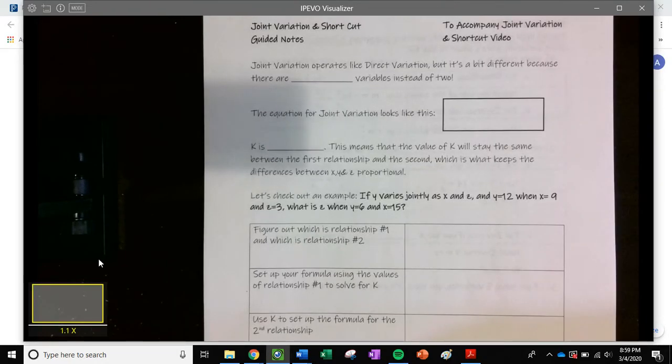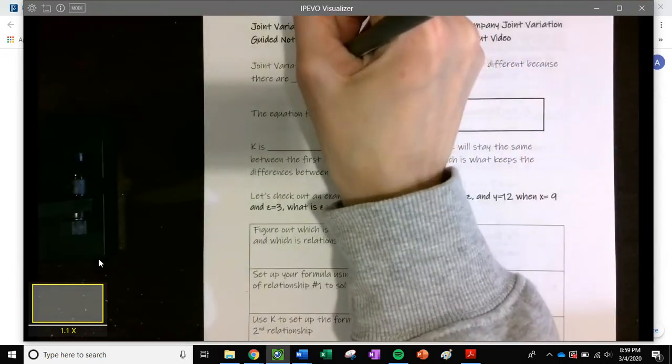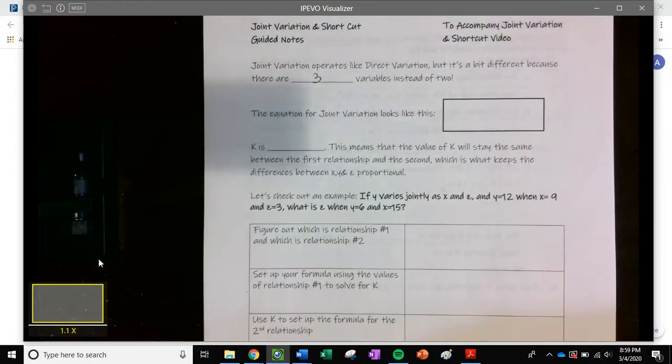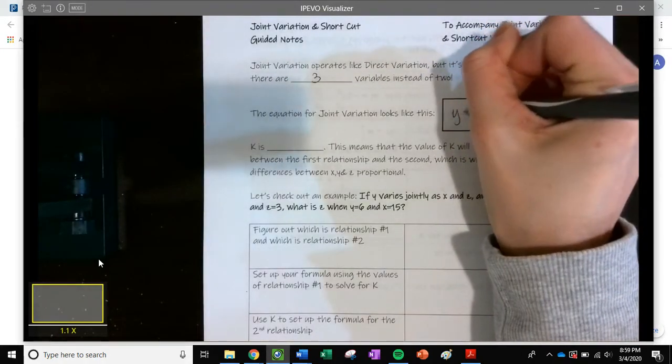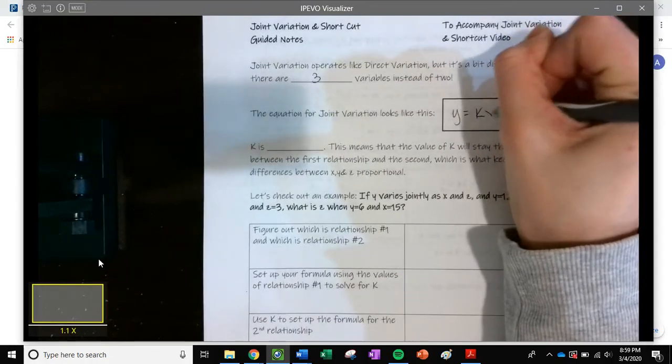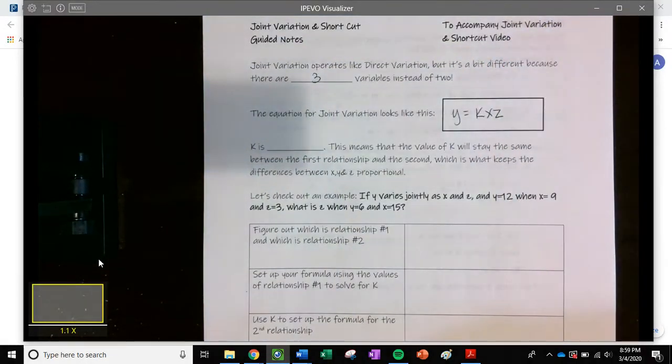Joint variation operates like direct variation, but it's a little bit different because instead of a constant and two variables, we have three variables. Crazy. All right, so the formula for joint variation is y equals k times x times z.